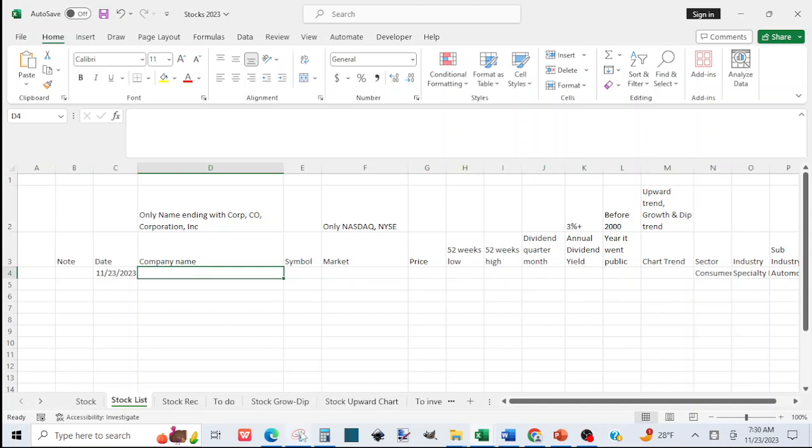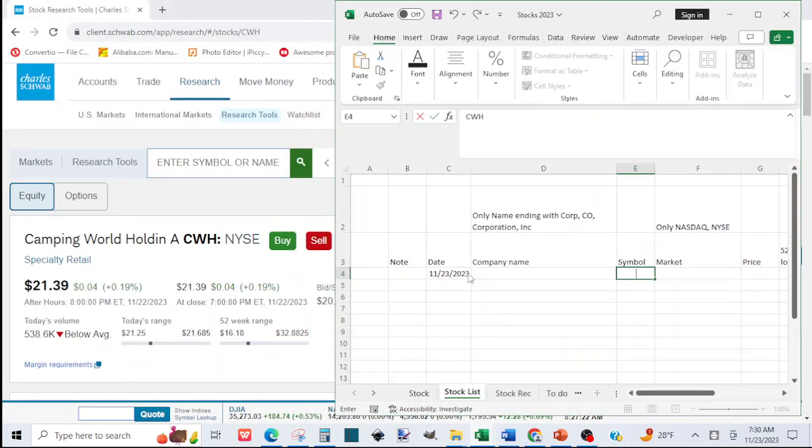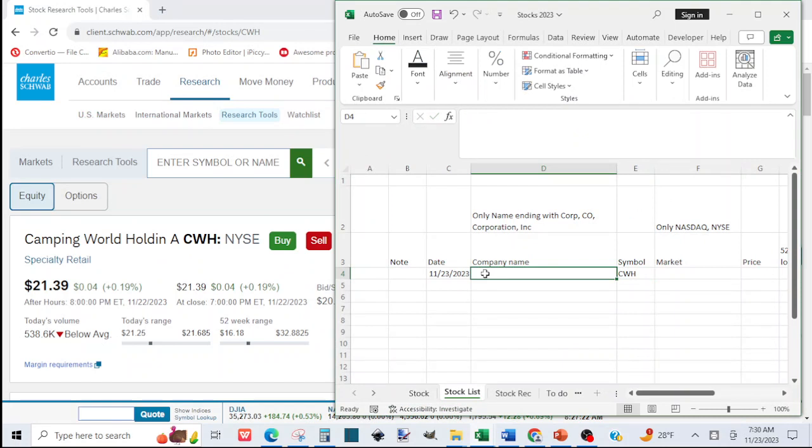Let me see if I still have the symbol of this one. No, that's the old one. CWH, and the name is Camping World Holding Inc. And here it has A at the end of it. And the market is NYSE.